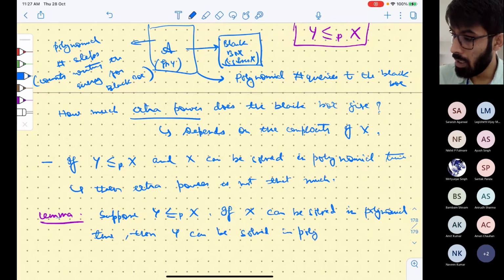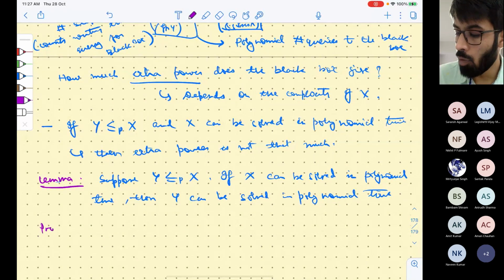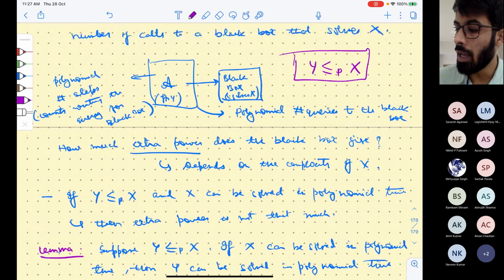As Amit was saying, the proof is actually just one line. What are we going to do to solve Y in polynomial time?